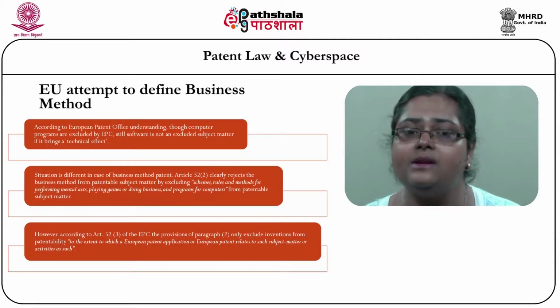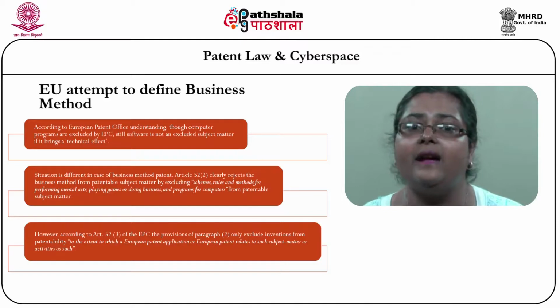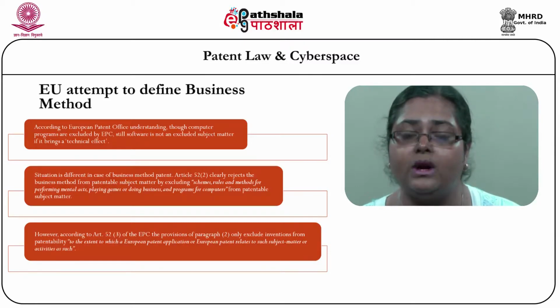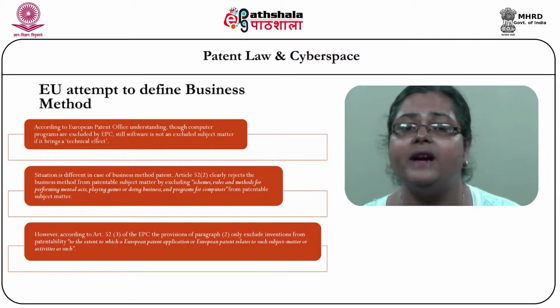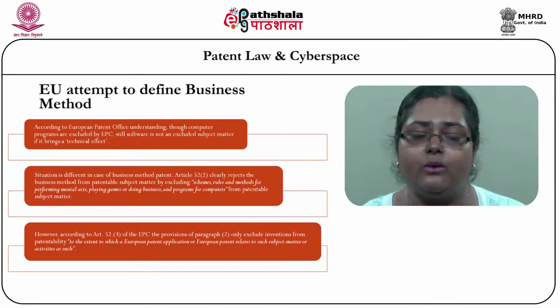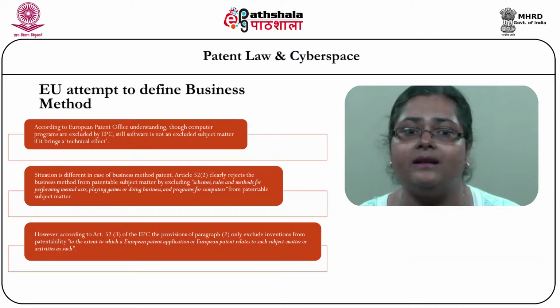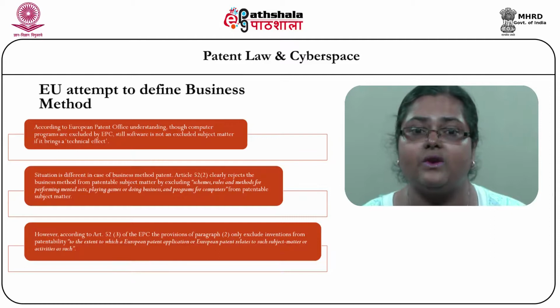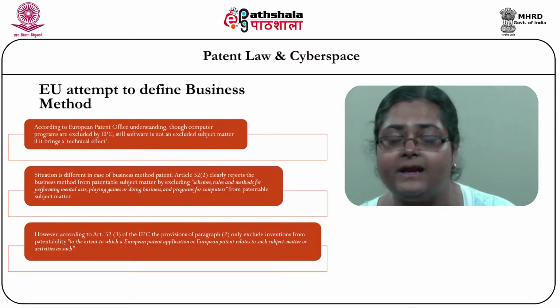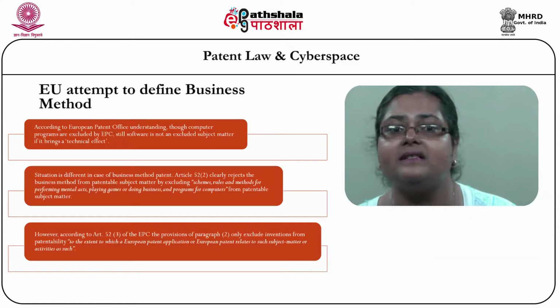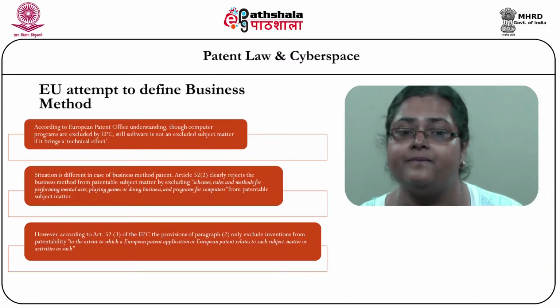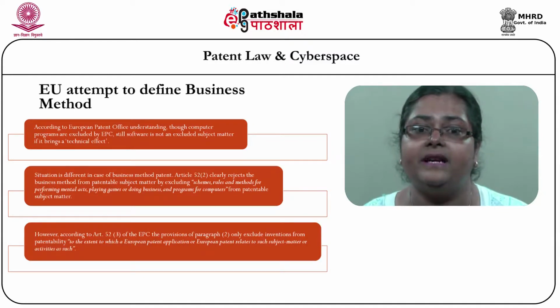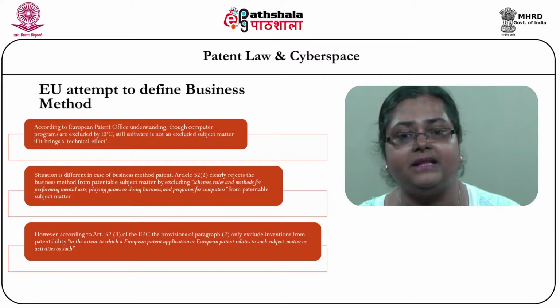It's very ambiguous because those two words, technical effects, are nowhere clarified properly. Now we need to base on different cases to understand what exactly they mean by the words technical effects. Now if any software is having the technical effects, it can be granted as a patent, otherwise not. Situation is different in different cases of business method patent.